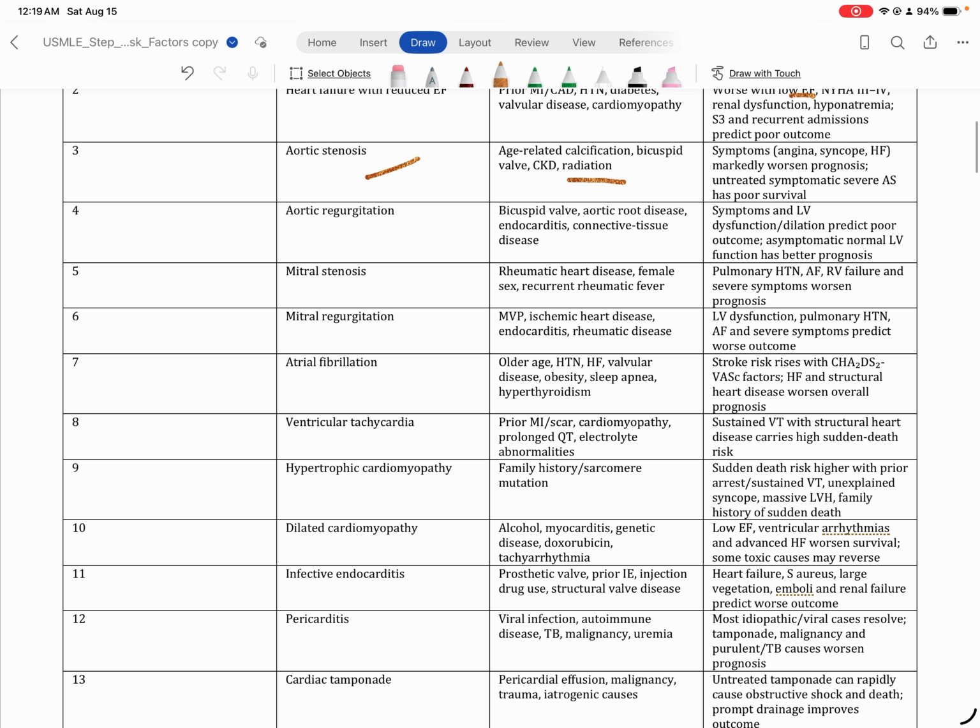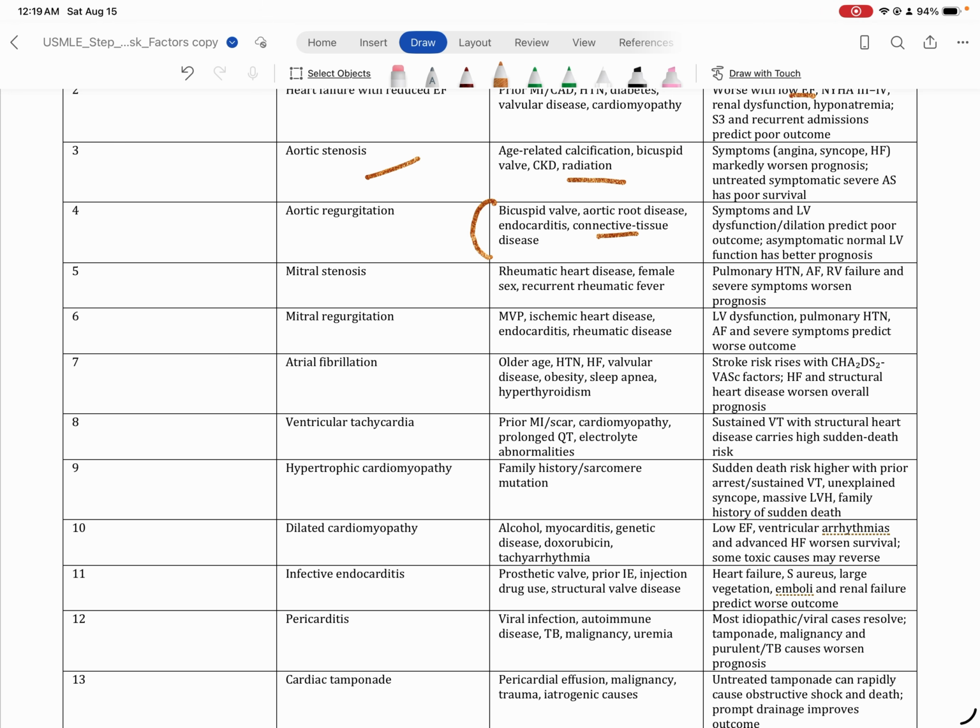Next, the fourth condition is aortic regurgitation. The most common risk factors for aortic regurgitation are bicuspid valve, aortic root disease, endocarditis, and connective tissue disease. Most of these risk factors present in midlife.